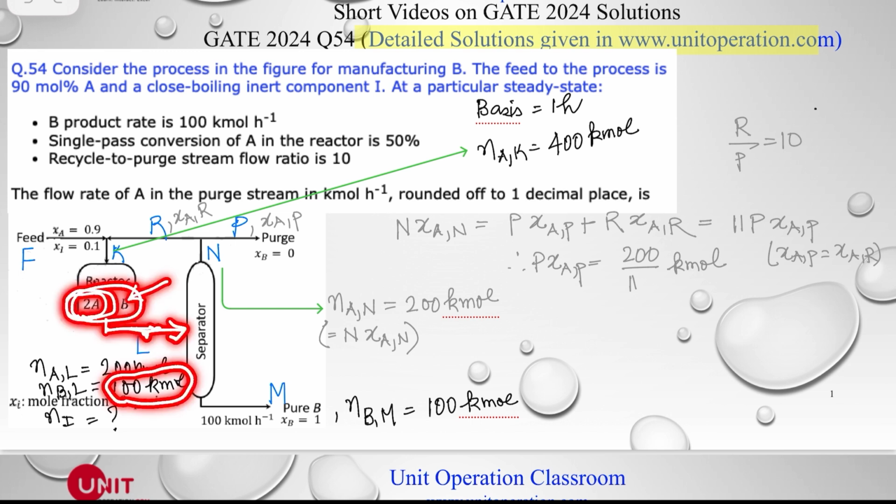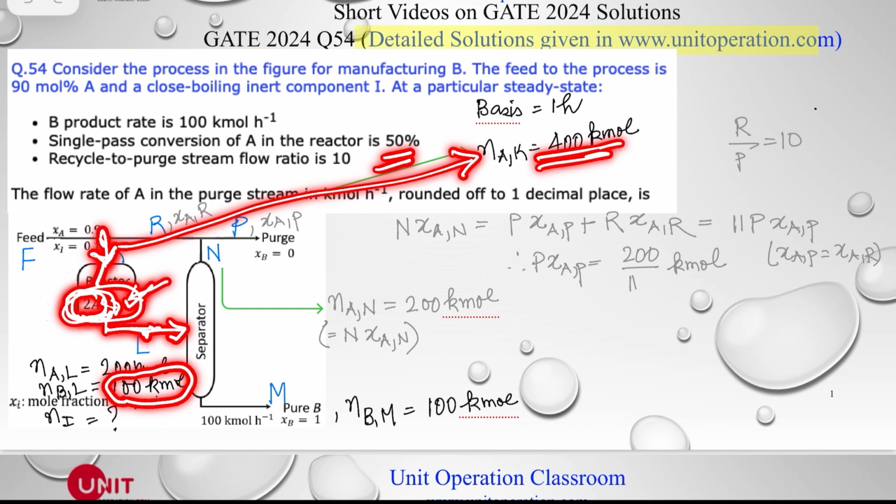Now, since there's a 50% conversion, which is given right here, the amount of A which is entering must be equal to 400 kilomole. So 400 kilomole of A plus, of course, the inert which is coming in. Out of that, 200 kilomoles of A is converted to produce 100 kilomoles of B, and the rest, 200 kilomoles of A, remains unreacted.